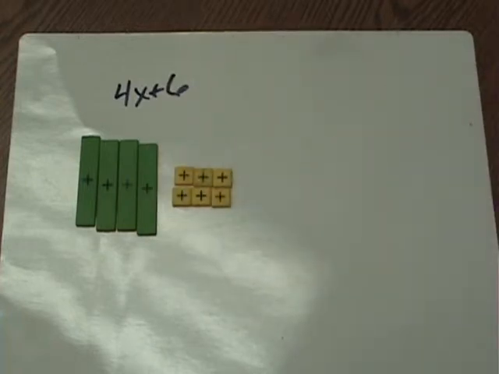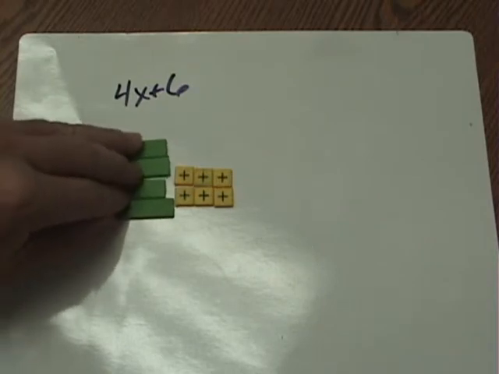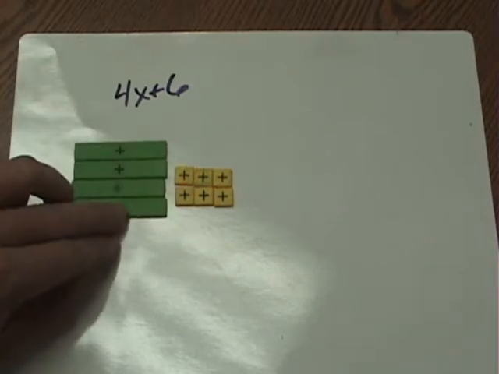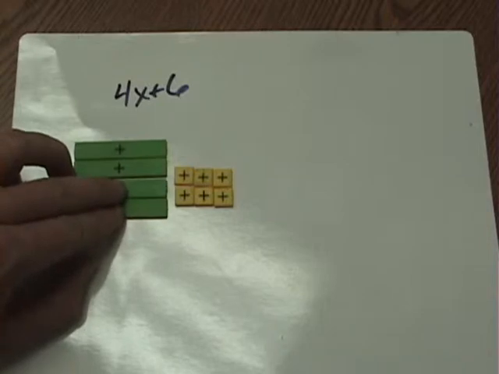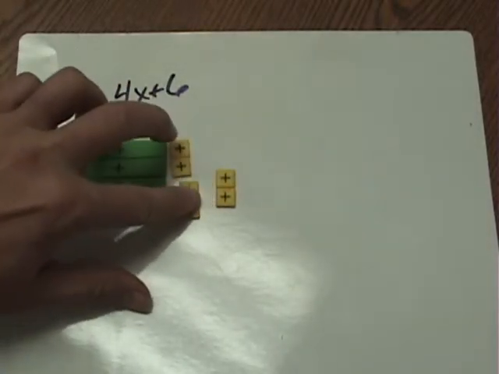So first thing we have to do is arrange them in some sort of rectangular fashion like we had before. Okay, now I can't line up one tile to each of the x's because I have 4 x tiles, but I have 6 ones, so you can see I would have 2 left over. So of course that's not going to be rectangular.